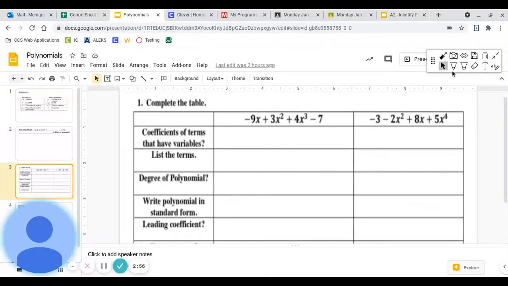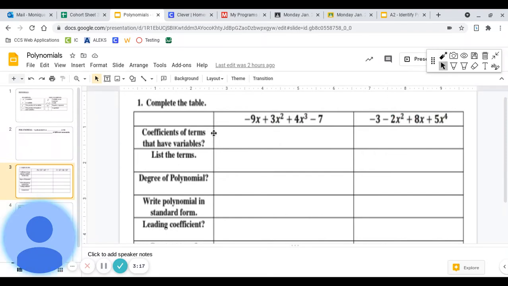All right, so on to today's major lesson, which is standard form, degree of a polynomial, and leading coefficient. So I have these two examples here, and right now they are not in standard form, okay? This is not standard form, this is not standard form.